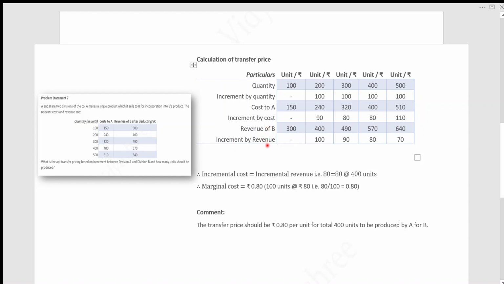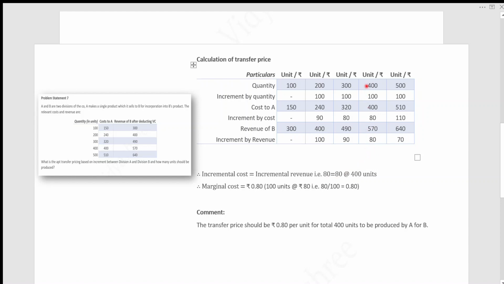When cost and revenue are equal, you can fix the price for the product. Here you can see it is 90, 100, 80, 90. Here it is 80 and here it is 80. So 80 is equal to 80, that is, cost is equal to revenue. That's why we can fix at this particular point, where incremental revenue and incremental cost are 80 equal to 80.